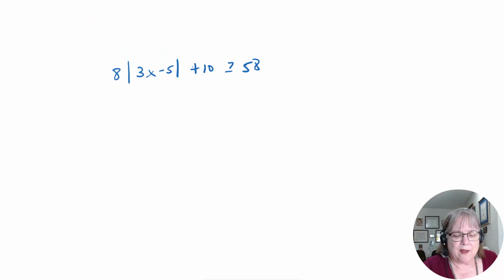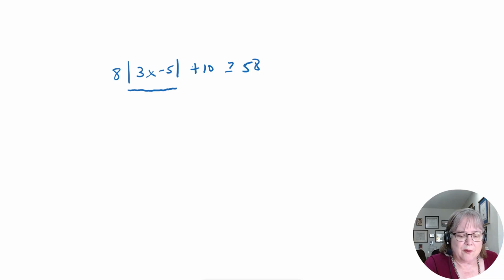We simplify the left. Okay, we cannot add 10 to the inside of the absolute value bars because they're bars. They keep you out. We cannot multiply by 8. We cannot subtract 5 from 3x because they're not like terms. But I can work to isolate this absolute value entity.